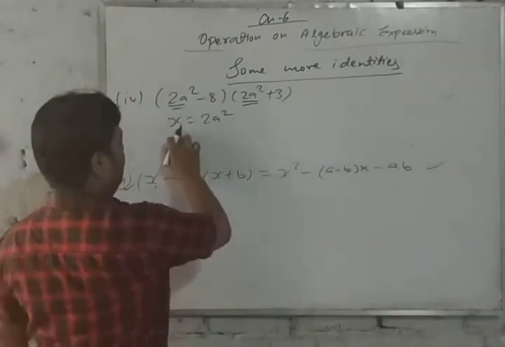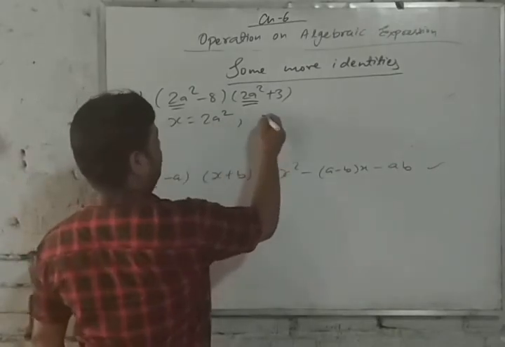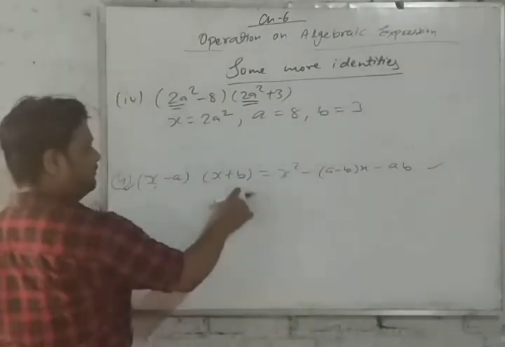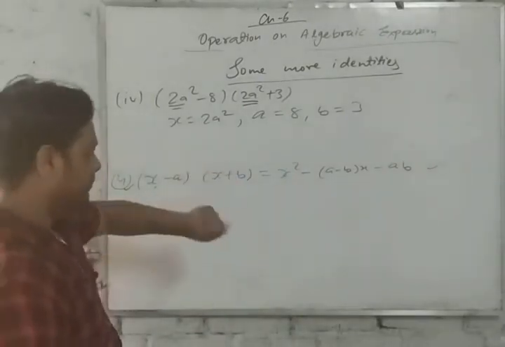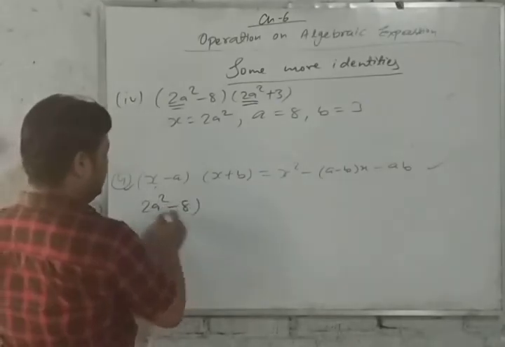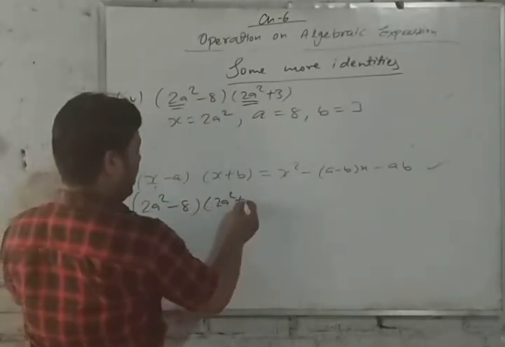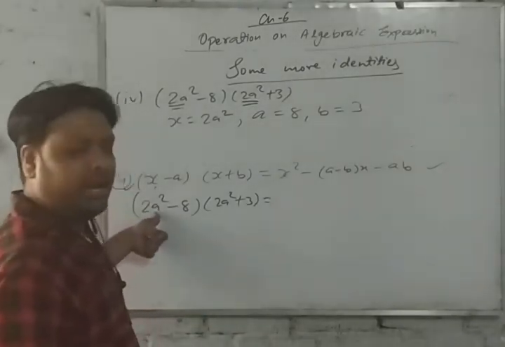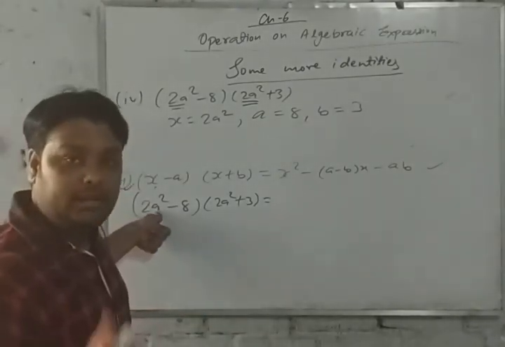Now, instead of x, it is 2a square, a is 8 and b is 3. That is, we will use this formula. The formula is written already. Now put the value: 2a square minus 8, 2a square plus 3 is equal to. In every x, we will write the value 2a square and in the bracket.